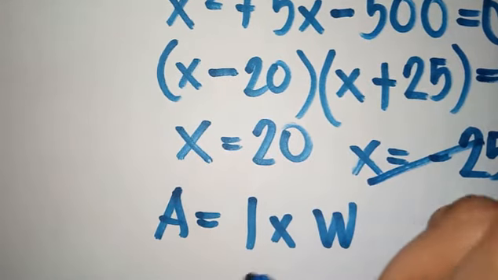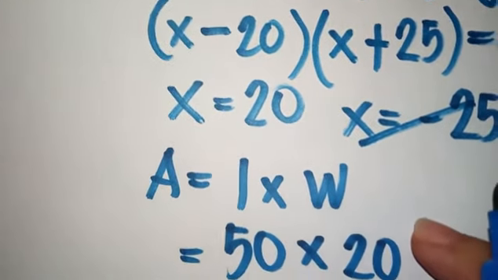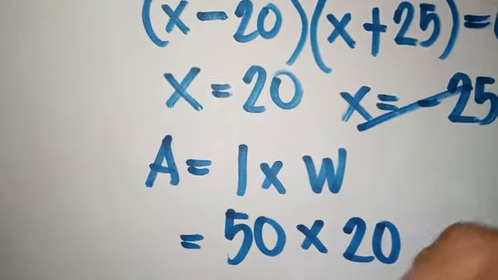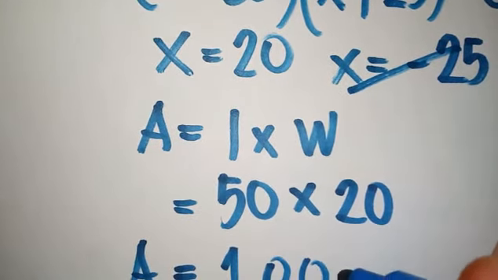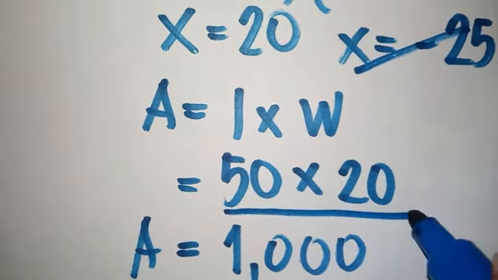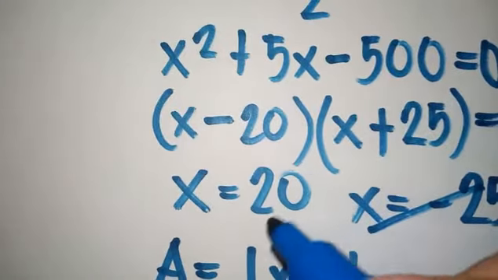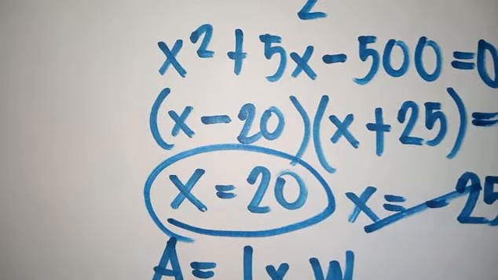Length is 50. Then, yung width natin ay 20. So, kapag pinag-multiply natin yung 50 and 20, ang magiging sagot ng area natin ay 1,000. So, ibig sabihin, tama yung nakuha nating x na 20. So, ganun lang siya kasimple.